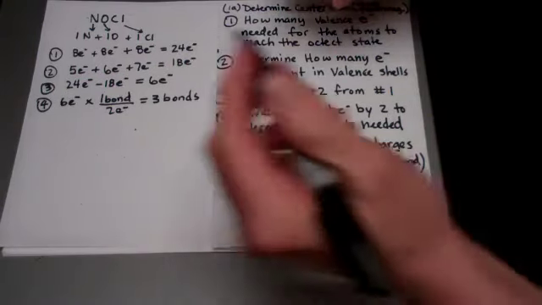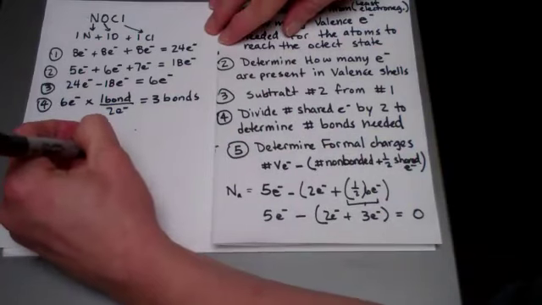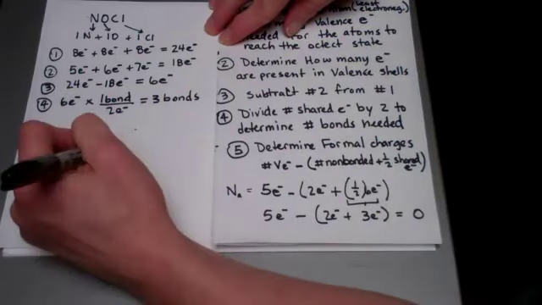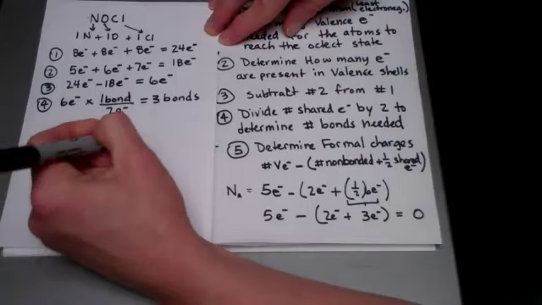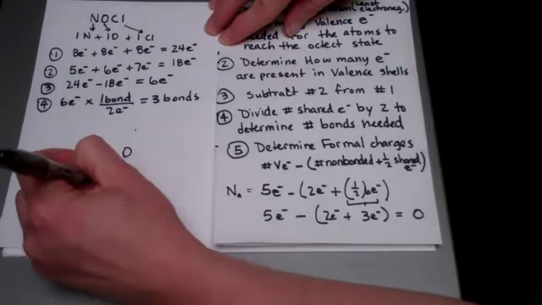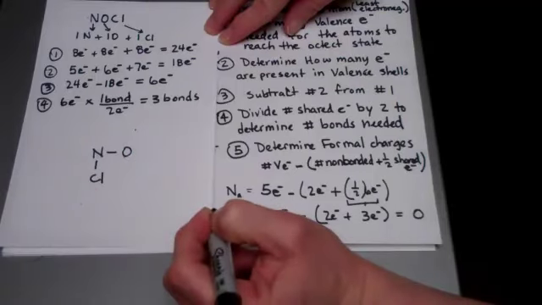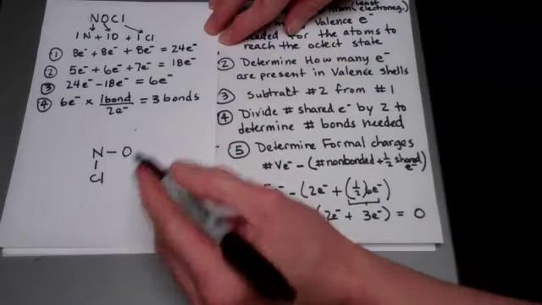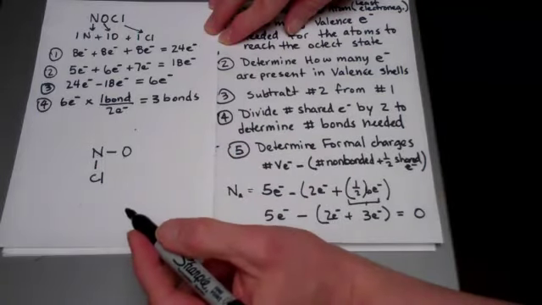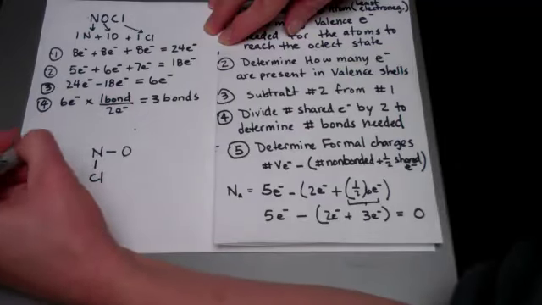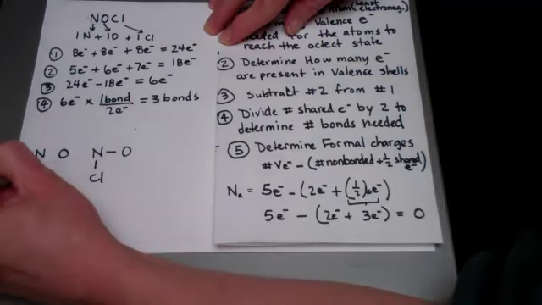And we are going to say that nitrogen is in the middle. We start then by drawing 1 bond to each atom. So we're going to draw 1 to our oxygen, 1 to our chlorine. And then we're going to add in our lone pairs, or the rest of the electrons, to the molecule. Or we can start by putting in our Lewis structures, which might be a little easier. So let's go ahead and do that.